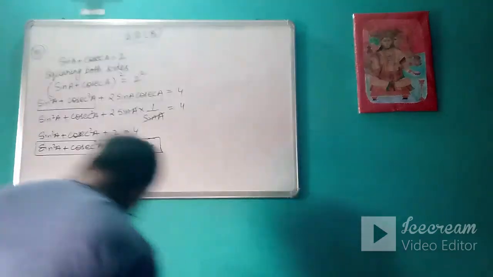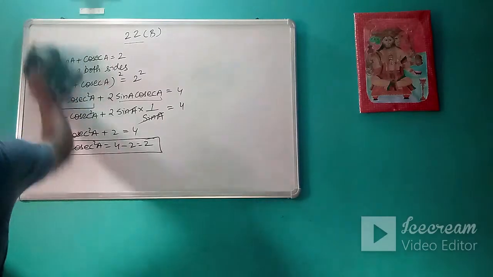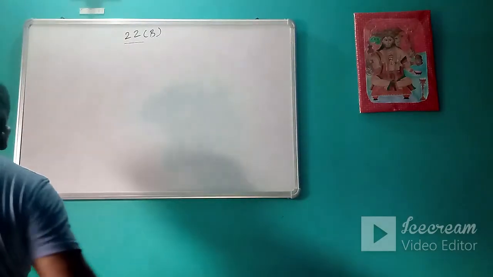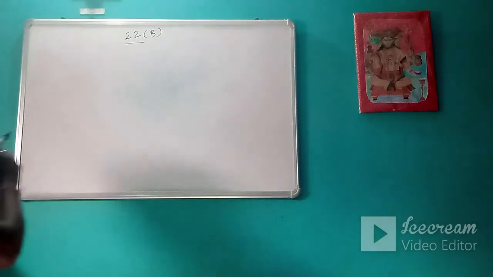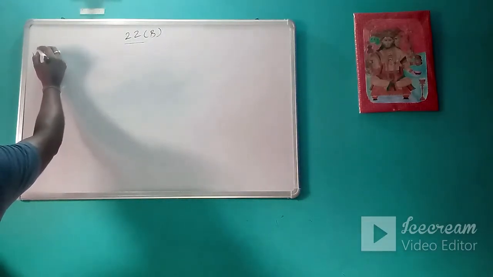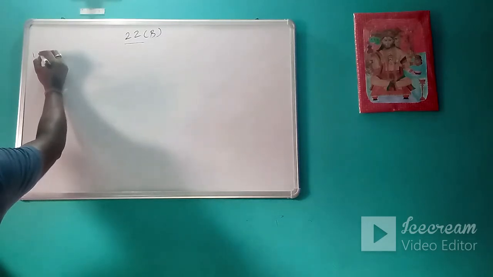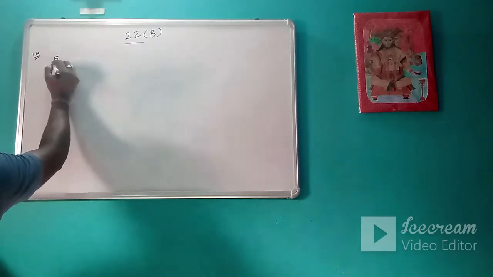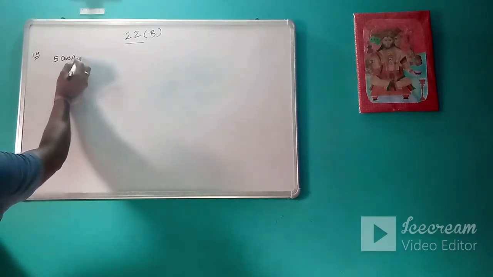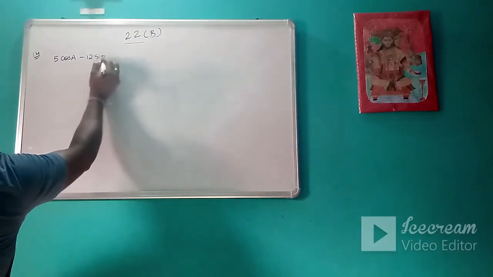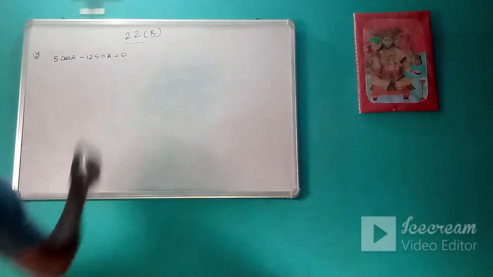Okay. Now let's discuss one more type. Suppose I am solving one question, fourteenth one. 5 cos A minus 12 sin A is equal to 0.